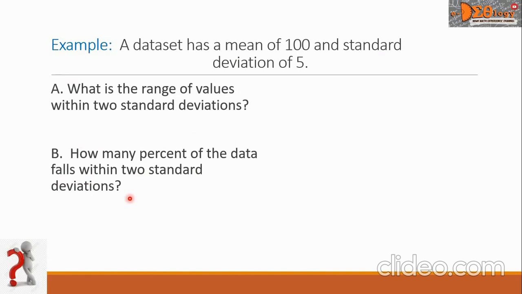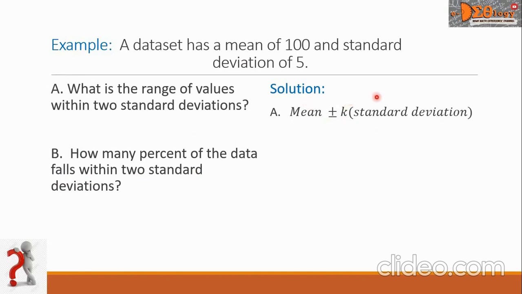Let's start with problem A. We're going to write this formula: mean plus or minus k times standard deviation. The k here is the number of standard deviations that we are interested in.